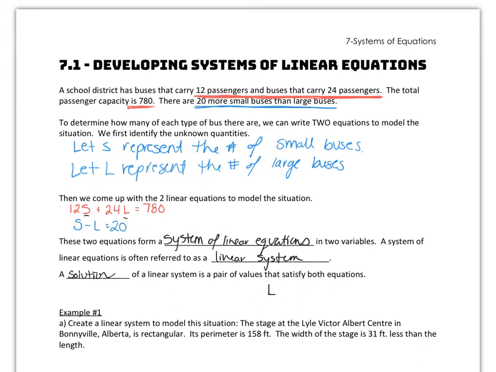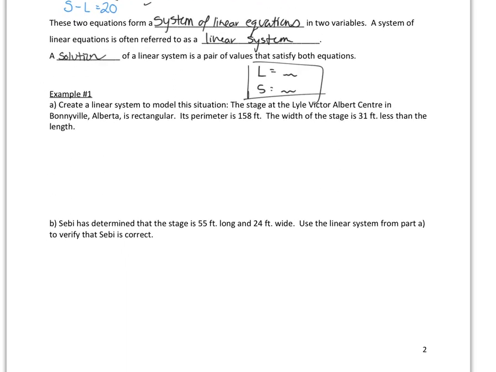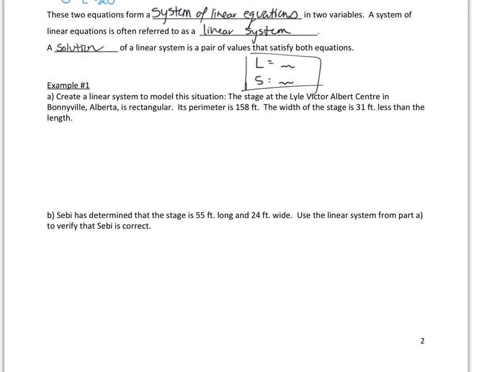So if we found L is equal to some number and S is equal to some number, and that was true for both equations, where the numbers worked out, we could say that this was our solution to the problem. Today we're creating the linear systems, and later on we will be solving them. So create a linear system to model this situation.